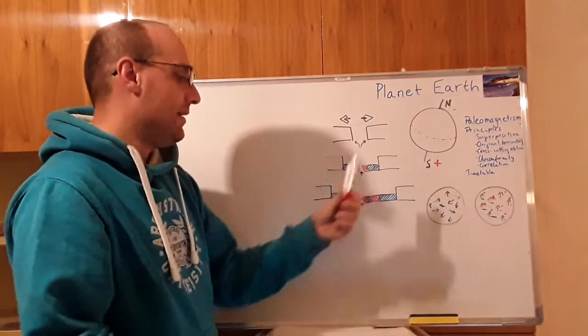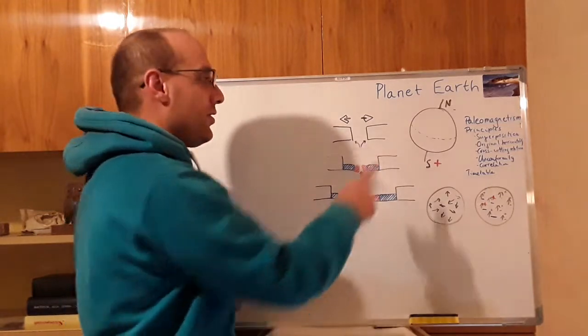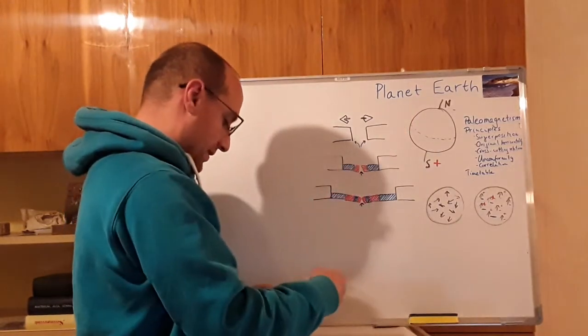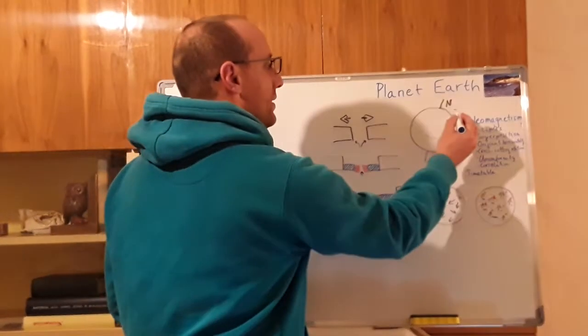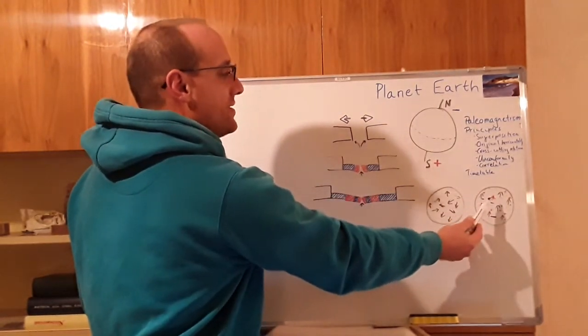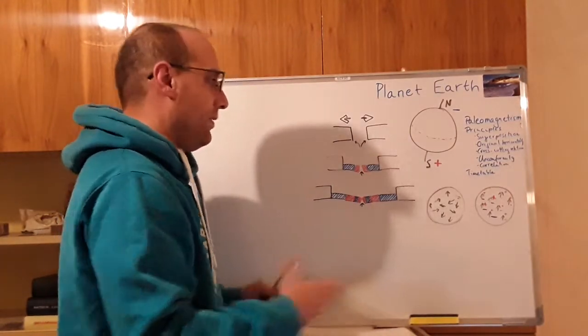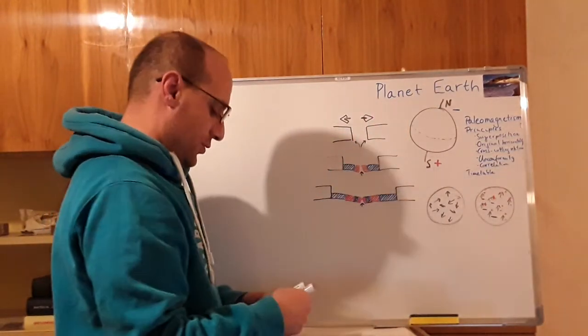And then we can think of how in a global perspective this looks. We have our planet, and usually the northern pole and the southern pole. And at this point, obviously the positive moves towards the negative pole, but these will be able to swap.